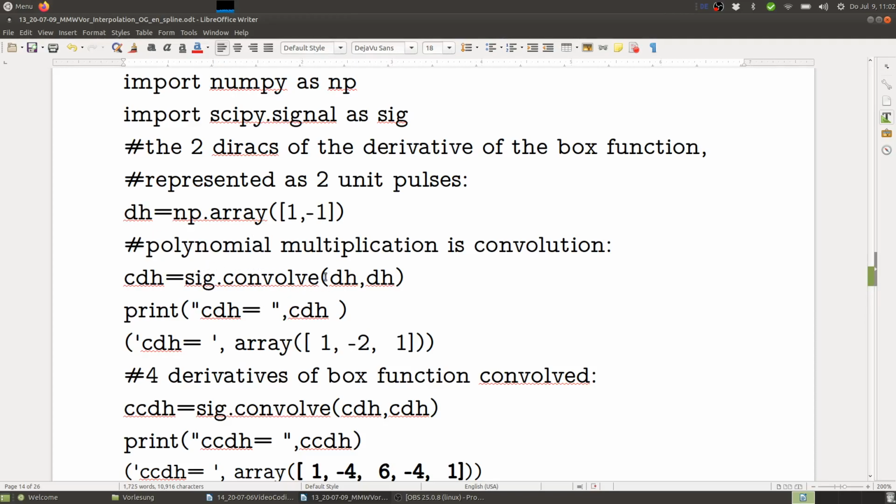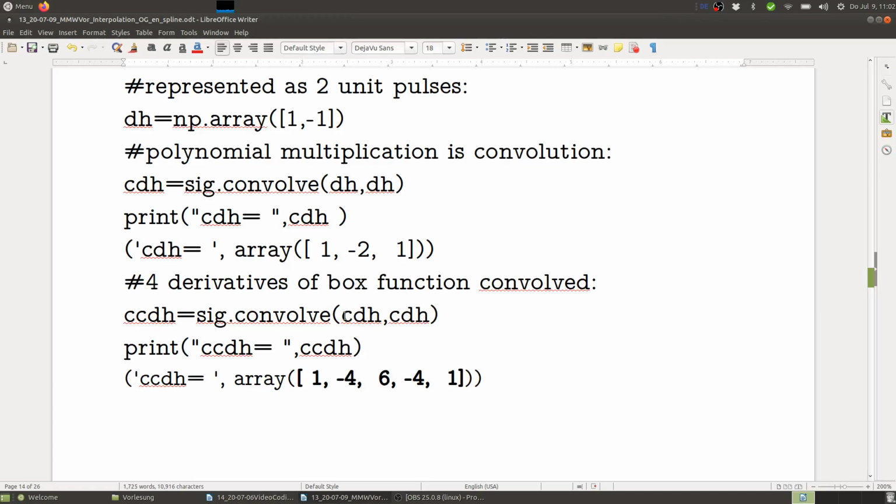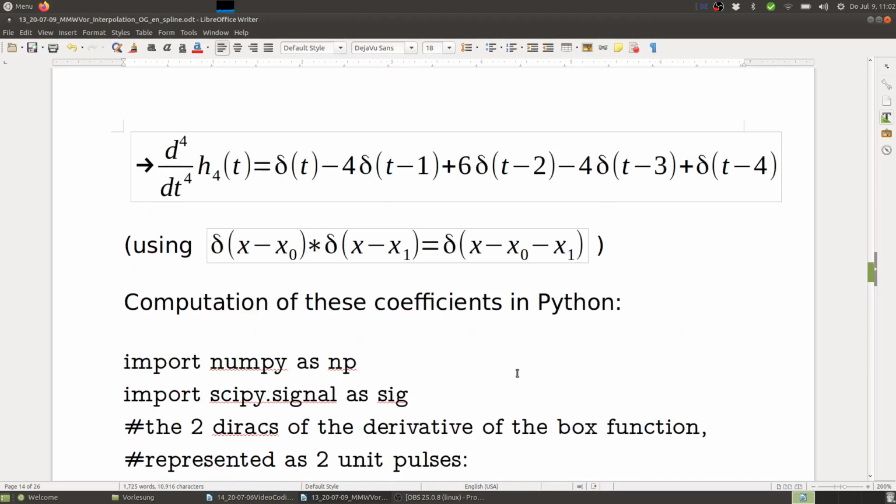Here we apply convolve like we did above, just instead of Diracs we now apply it to unit pulses. Then we get this result as our convolution once, and then we do the convolution again to get 4 times convolution, and these are the resulting factors then. You can see 1, minus 4, 6, minus 4, 1. And these are exactly these 4 coefficients.